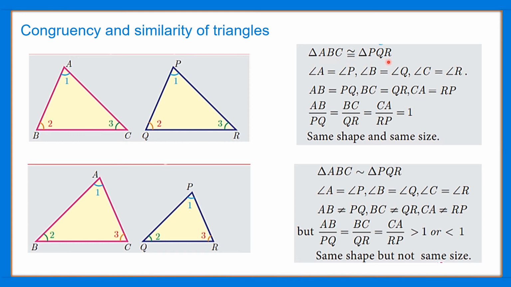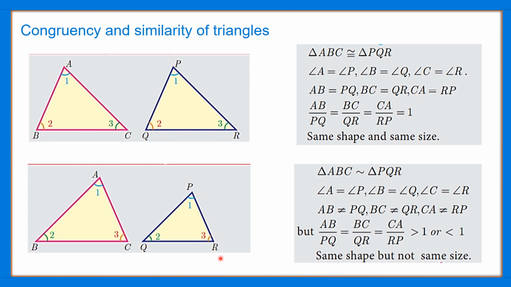Now let us look at the second set of figures. In triangle ABC and triangle PQR, we are able to see that angle A is equal to angle P, angle B is equal to angle Q, angle C is equal to angle R. That is, they don't change in their angles. When we look into the size of each side, we see that AB is not equal to PQ, BC is not equal to QR, AC is not equal to PR.